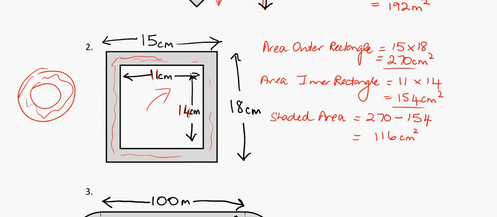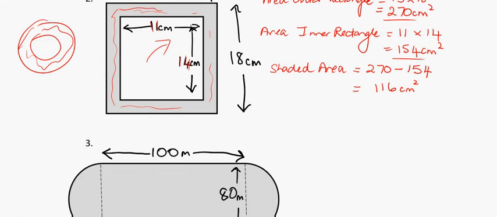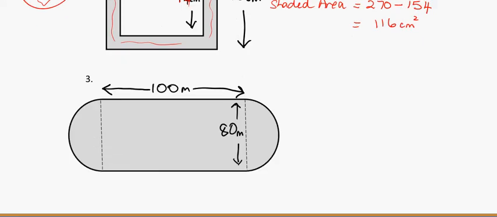Okay, moving down to the last one. Okay, here we've got the running track type question. So we've got 100 meters down the straight, 80 meters across, and let's find the area. So you recognize we've got here a rectangle, half a circle, or a semicircle.